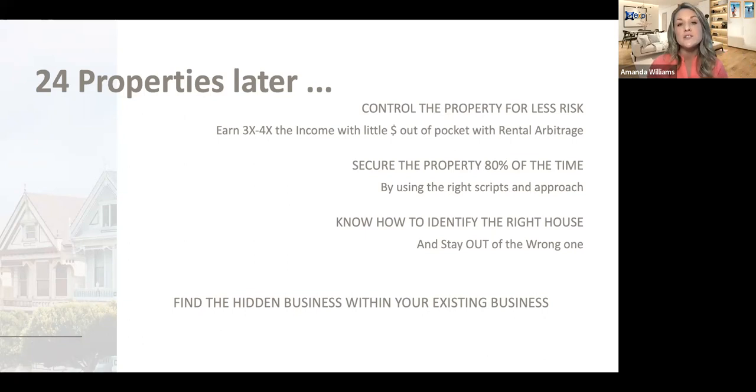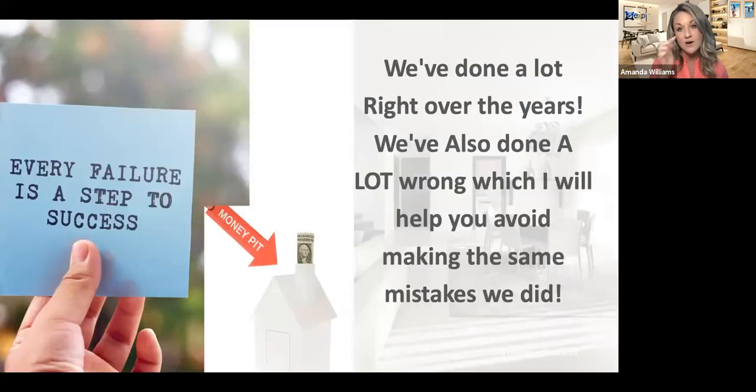And so we also are going to talk about how to identify the right house and stay out of the wrong houses, because I will tell you, we did get into a few of the wrong houses. So I'll tell you that story here in a second, but it's really about finding your hidden business within your current business.